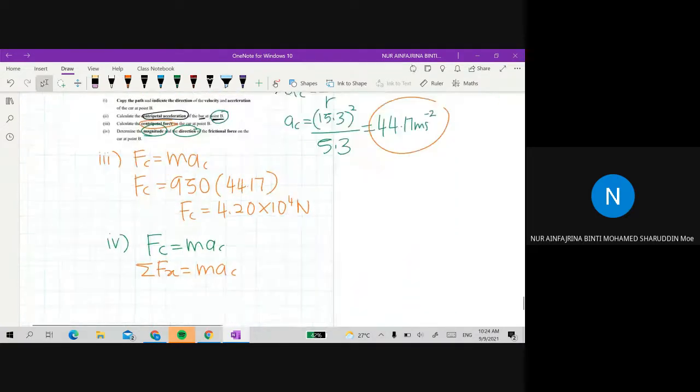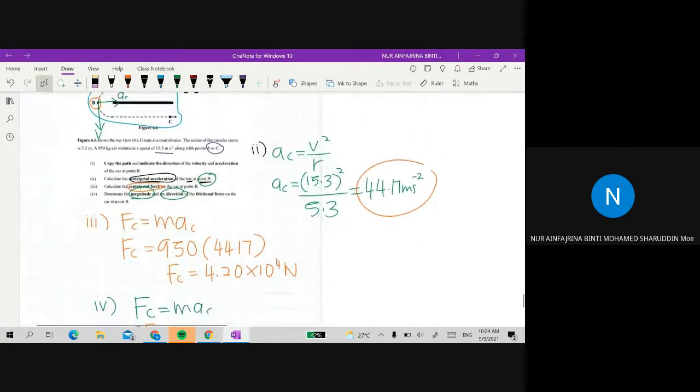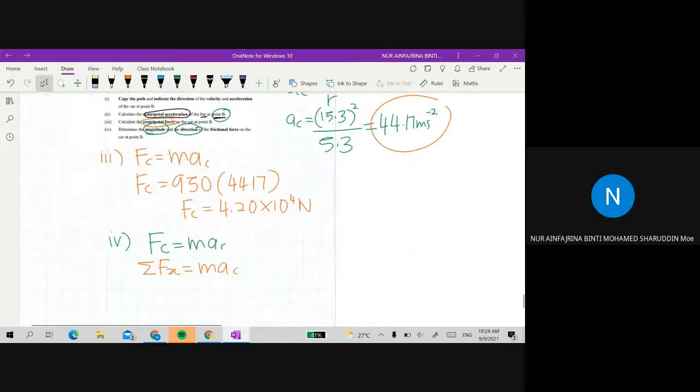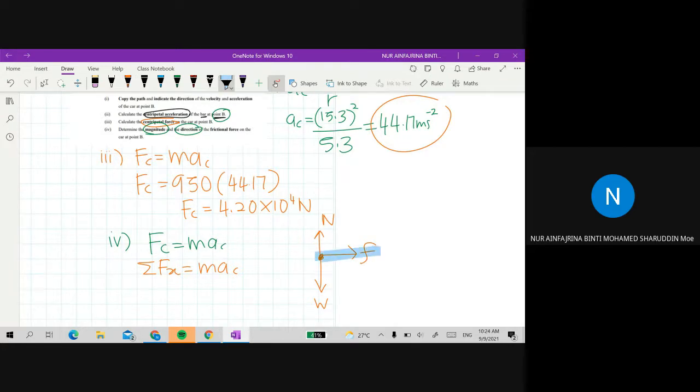Okay, sekarang awak lukis free body diagram. Normal ke atas, weight ke bawah, betul tak? And friction korang ke sini. So, cuba tengok. X-axis korang cuma ada friction. Friction equals to mass darab dengan centripetal acceleration.